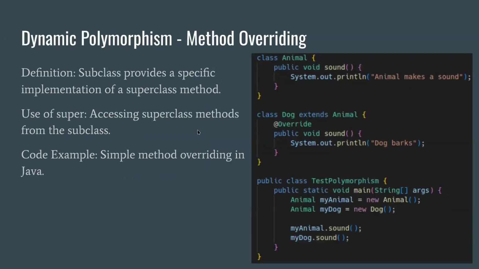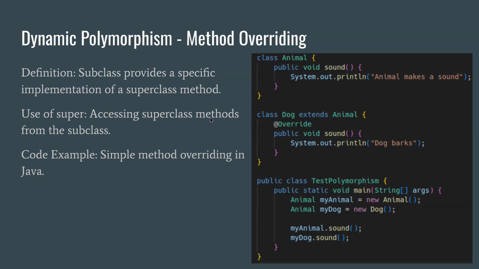Dynamic polymorphism: method overriding. Moving on to dynamic polymorphism, we're going to talk about method overriding. Compared to static polymorphism, a subclass redefines a method of its superclass.